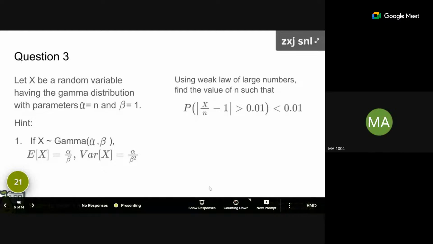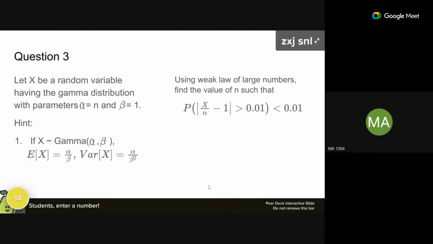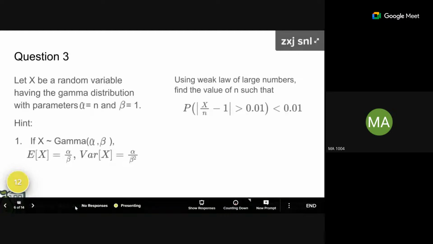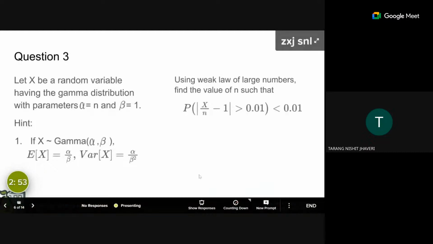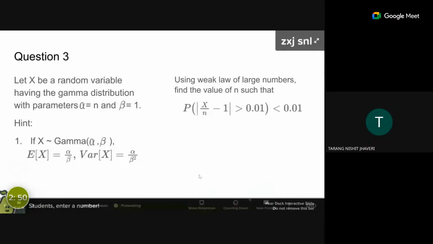So do you have any idea how to start with this question? Yes, ma'am. Okay, then it's fine. Ma'am, just to clarify, one of the ways we can take this 1 as the mu and equate it to the expectation.